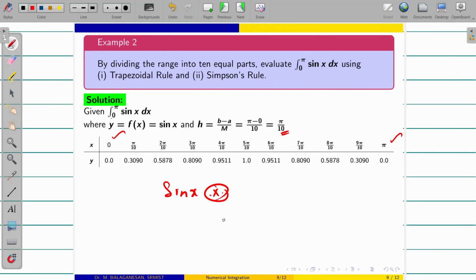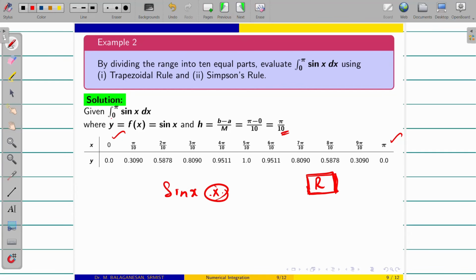If you have a trigonometric function to solve, I regularly say this in my classes, particularly in numerical methods classes: before you start the examination, it is better to keep your calculator in radian mode, because most of the problems, and any other kinds also, you can solve in radian mode.